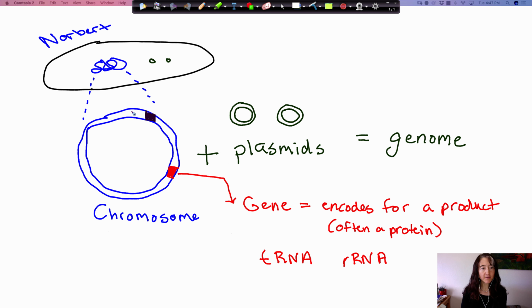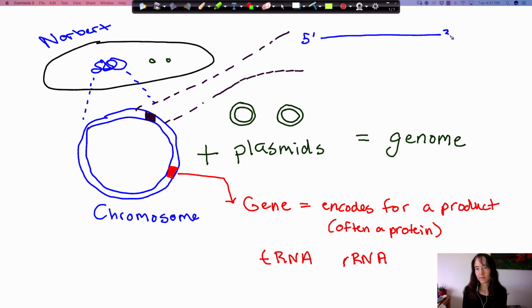And then let's make a blow-up picture of just this region of the DNA, and we'll draw it in simplistic form. So remember 5 prime, 3 prime, coding strand of DNA, 3 prime to 5 prime, template strand of DNA. And then we have our lovely purple gene.